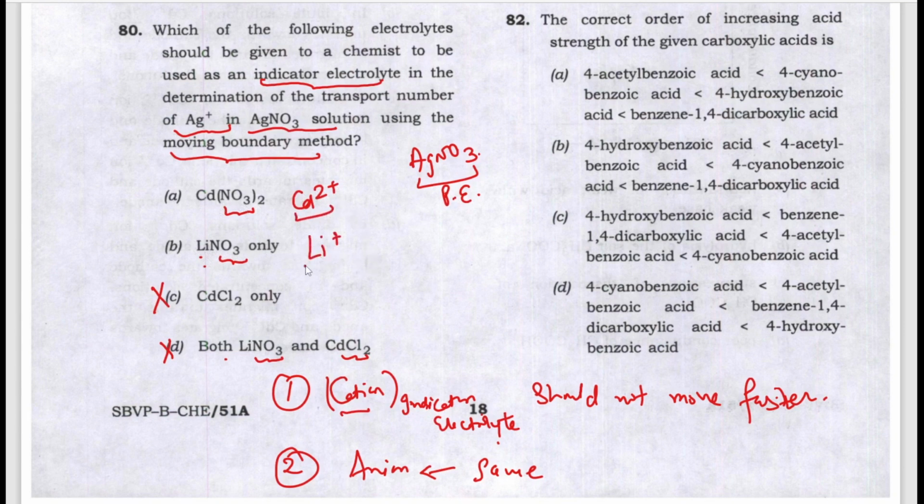If we compare both cations with the cation of the principal electrolyte, that is silver positive, lithium has small size, so obviously it will move faster compared to silver positive. So this option is also incorrect. The correct option is A in this question.